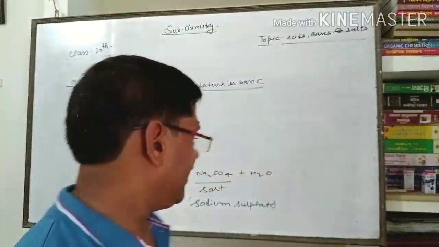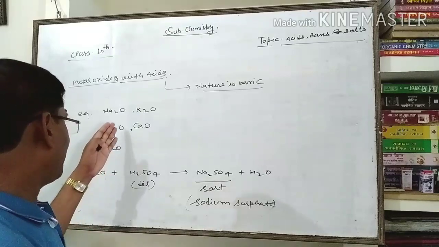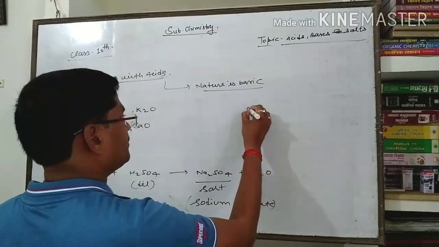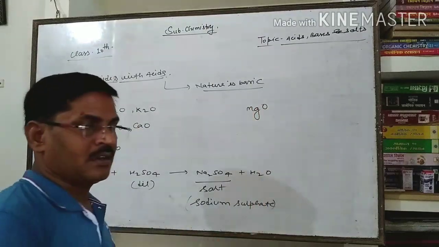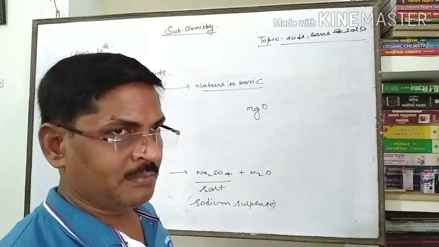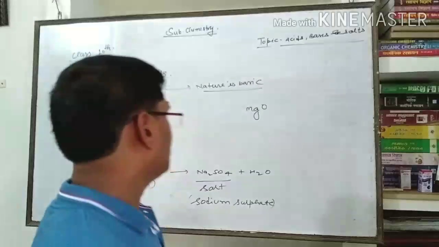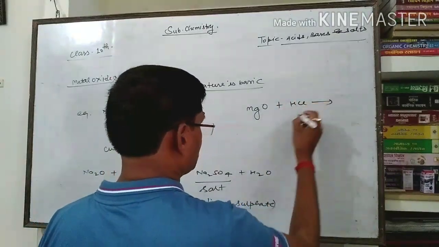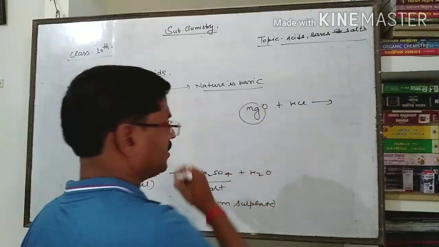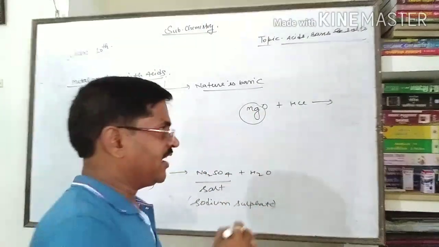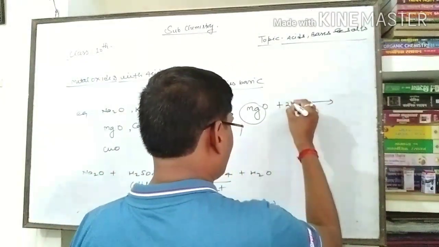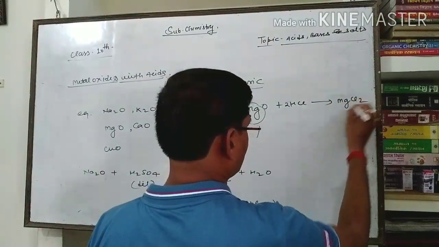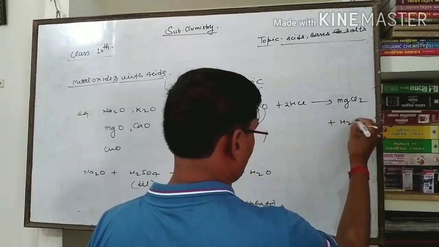In this way, any oxide, if you are going to take, then react with acids like MgO. This one is a metal oxide and belongs to the second group of the periodic table. Suppose they are taken with HCl. So all of you know, being dication in nature, I have to take here 2 molecules of HCl and it will give magnesium chloride and also form water.